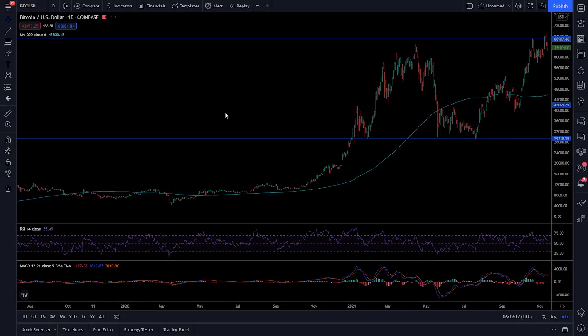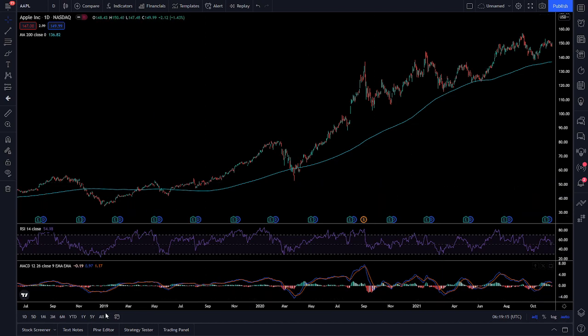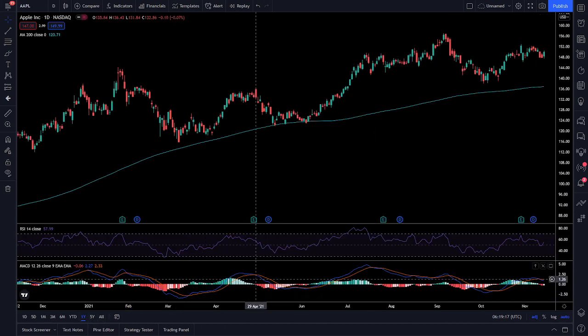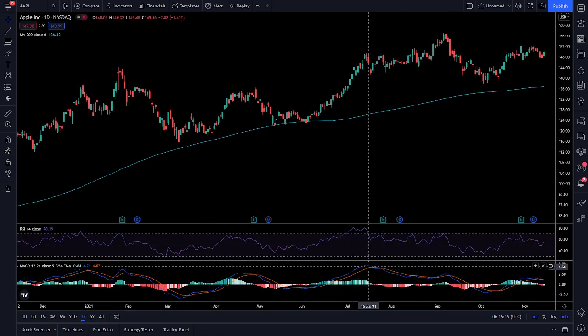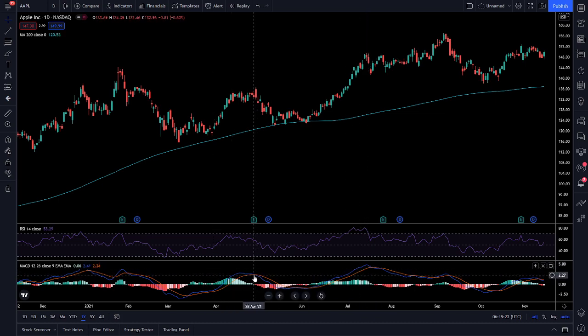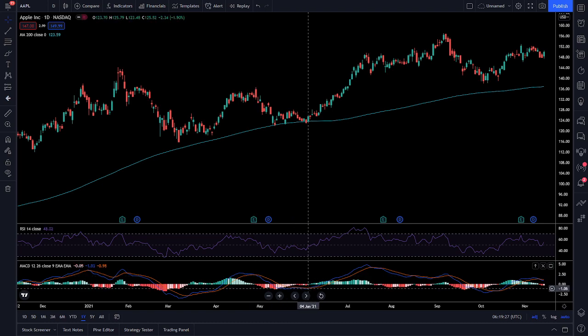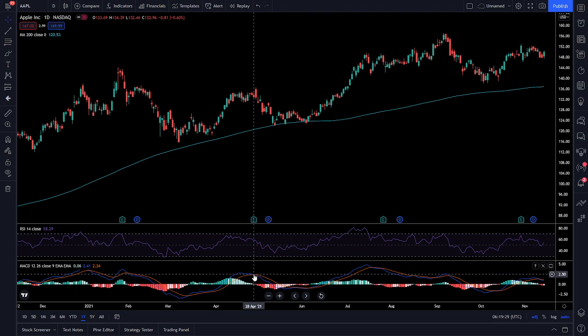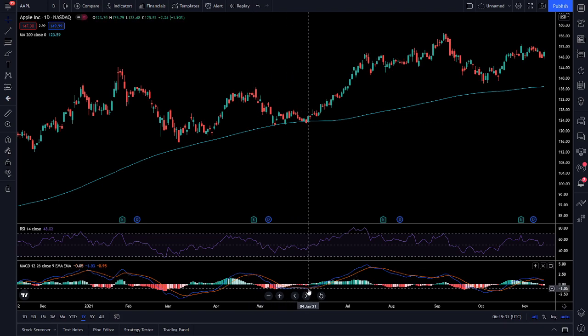Check out Apple just to see what we see, right? On the 1 year chart, you see it's still pretty useful when to get out, when to get in, to get out, get in. That one was perfect, right? Get out right here, get in right here when sentiment changes, momentum changes, and the lines cross each other.